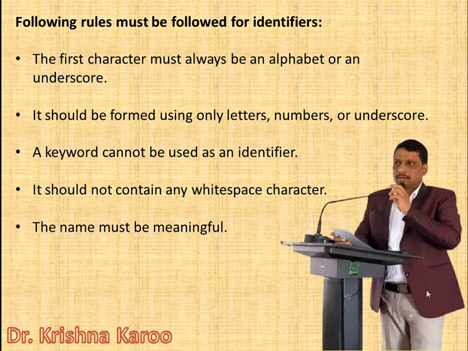As we have just discussed for variables, the rules are somewhat the same. The first character must always be an alphabet or an underscore. It should not be a number. It should be formed using only letters, numbers, or underscore.